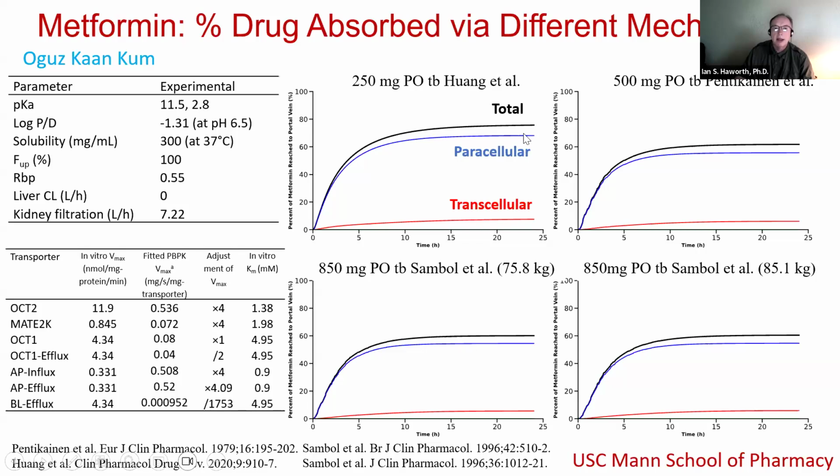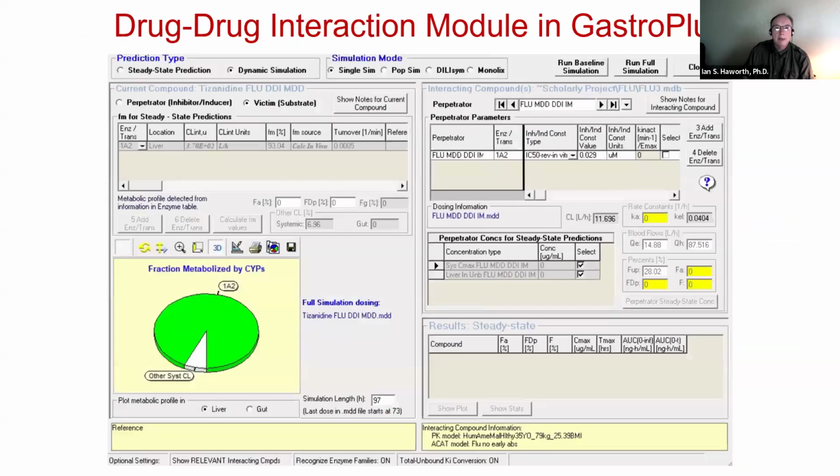And the observations in previous work is it should be maybe about 90% paracellular, and we're not completely there, but we are pretty close. And so this is the final check on the model, and this again is important that you have all these different observed data to show that your model is correct.